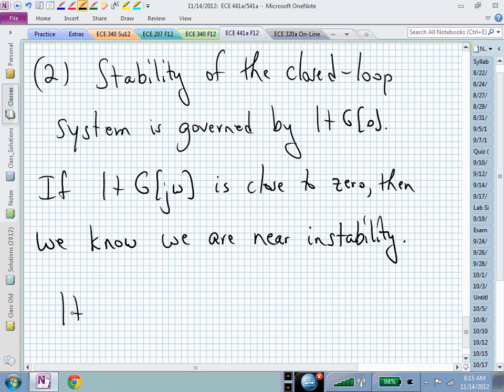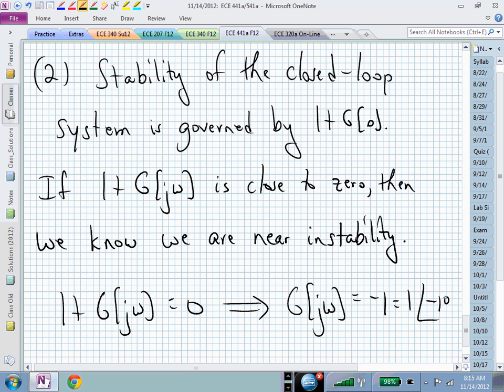Meaning what we're investigating is, okay, when does this happen? When does 1 plus G of j omega equal 0? If that is true, then we will have this nearness of instability. And G of j omega is now this minus 1, which is a magnitude of 1 at minus 180 degrees.